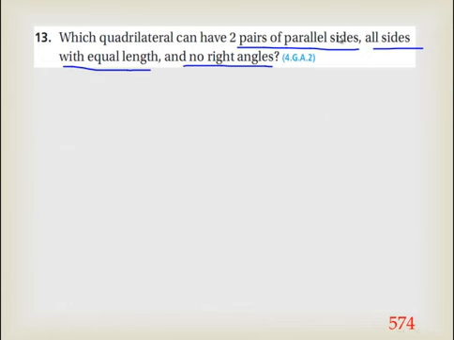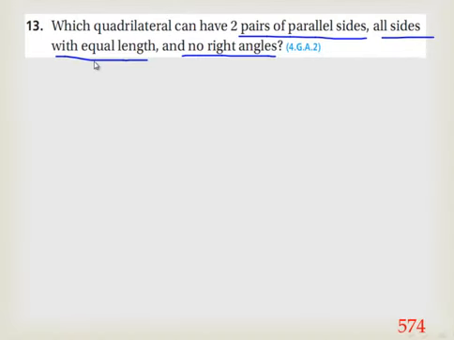All sides with equal length. This is important information. And there are no right angles. Try to imagine it: two pairs of parallel sides, all sides with equal length, and no right angles.